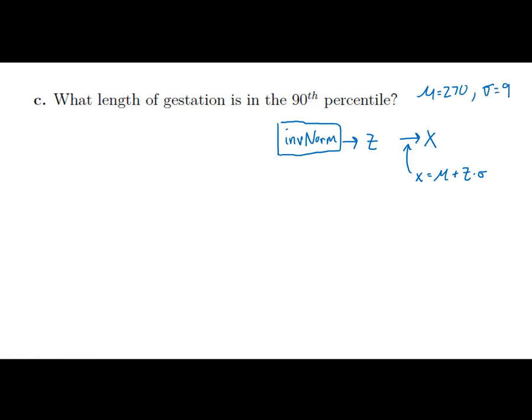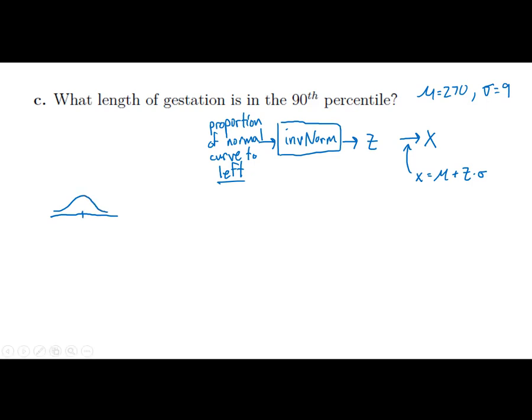So what do I need to put into inverse norm in order to get my z-score? Remember it's very picky, I need to put in the proportion of the normal curve to the left. It's always got to be to the left. So let's sketch a picture here. I'm interested in the 90th percentile and what value that happens at.